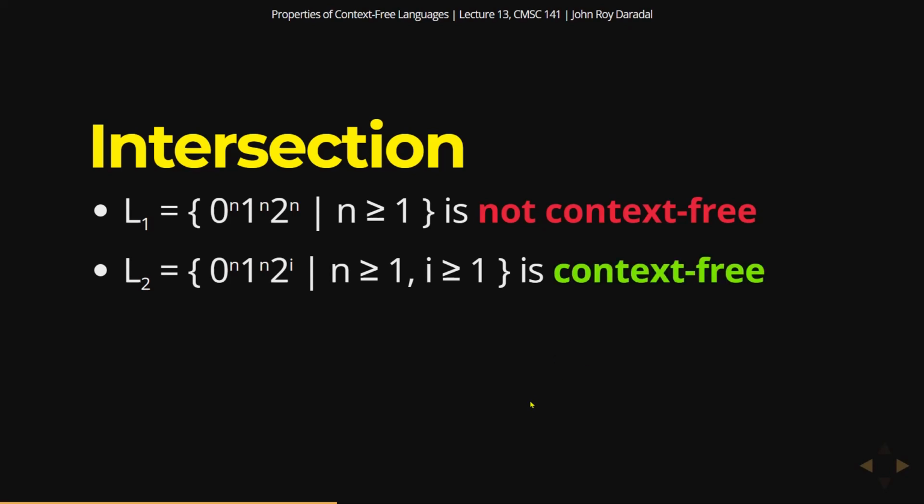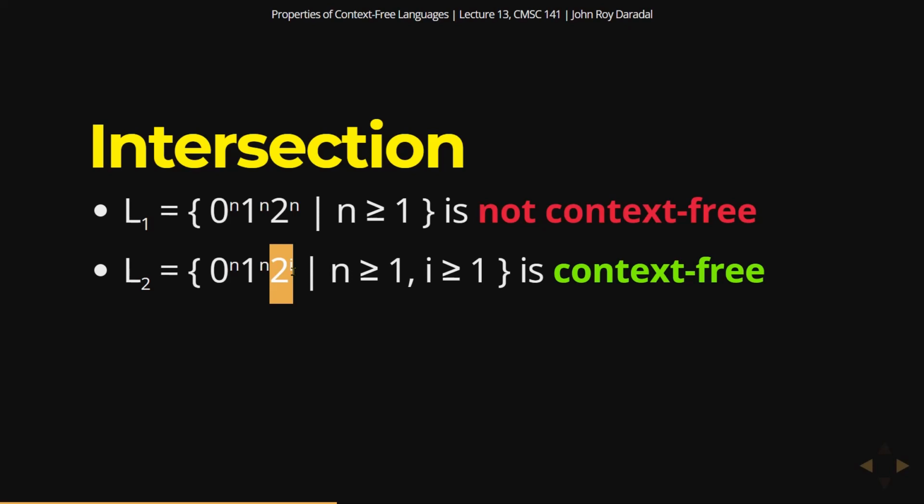Now, why is that? So although we have three things here, like 0^n, 1^n, 2^i, we're actually counting only two things. We're interested in counting only the number of zeros and the number of ones, and making sure that they are equal. Because the number of zeros must be equal to the number of ones, right? You have 0^n 1^n. But now, how about for 2?